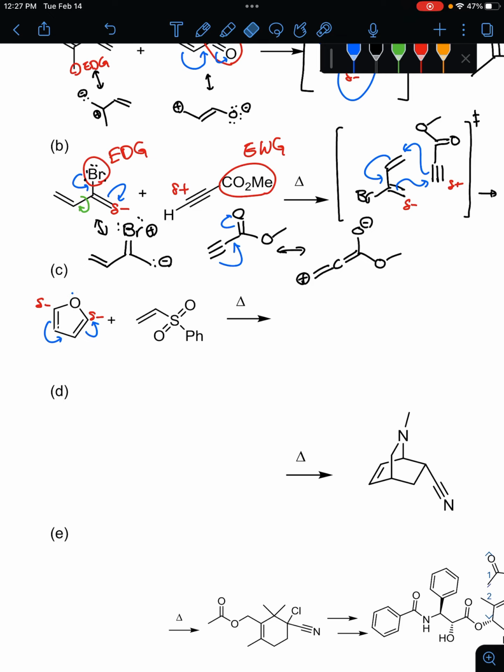So you have an equal amount of partial negative charge on either side of this furan, which means the orientation here really doesn't matter that much. So regioselectivity doesn't matter for this problem, but stereochemistry will, so we'll take a look at that.